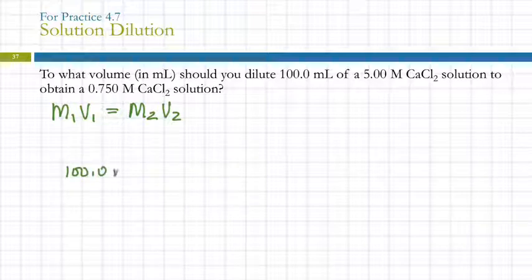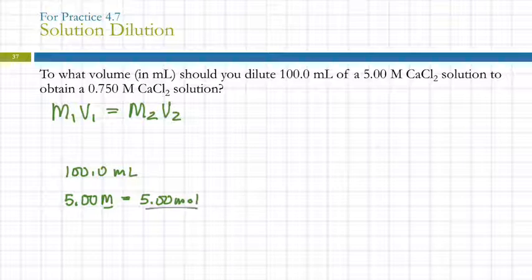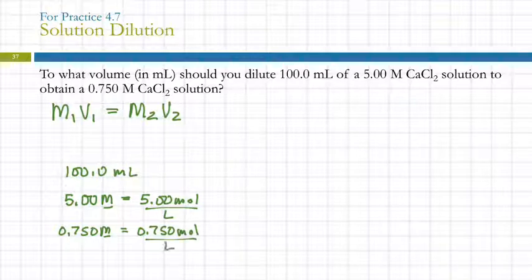So I've got 100.0 milliliters. I've got 5.00 capital M. Okay, let's write what that actually means. 5.00 moles divided by liters. And then I've got 0.750 capital M, which is 0.750 moles divided by liters.